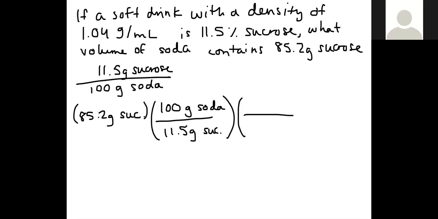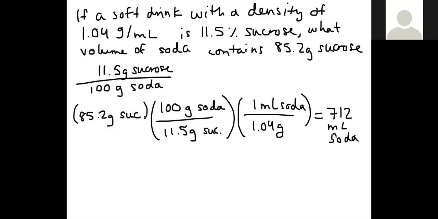Now I can use my density of the soda, 1.04 grams per 1 mil of soda. And that gives us 712 mils of soda, which is not quite a liter. So it would be 0.712 liters if you convert it into liters.